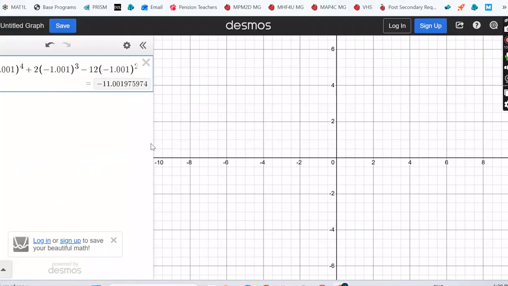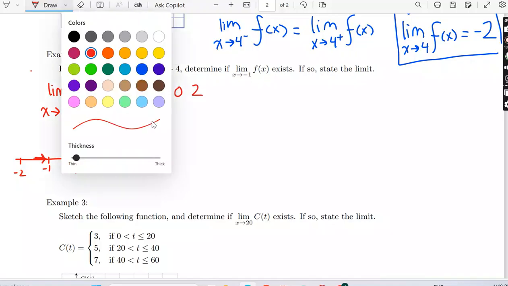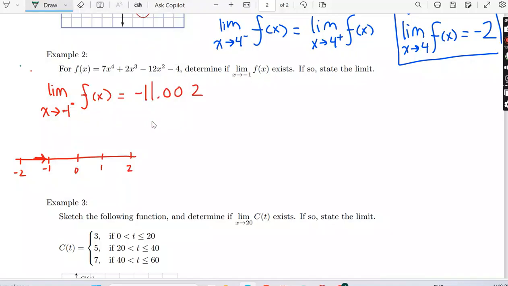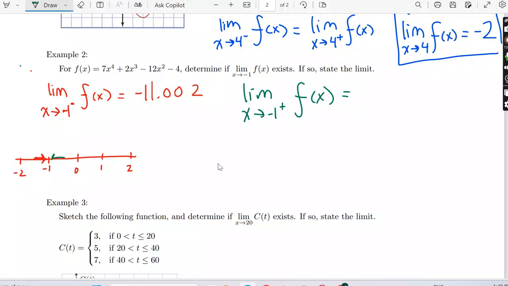Okay, now let's test it from x approaches -1 from the right of f(x). That's a number very close to -1 from the right-hand side, and that would be, what, -0.99.